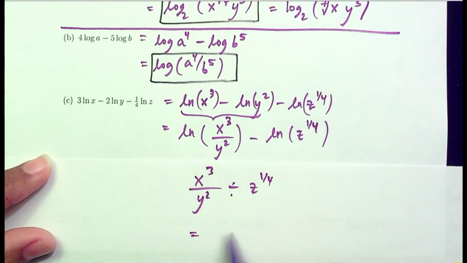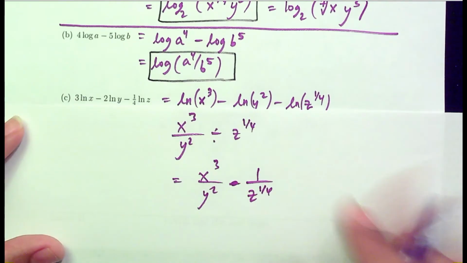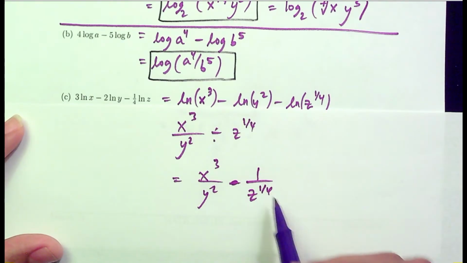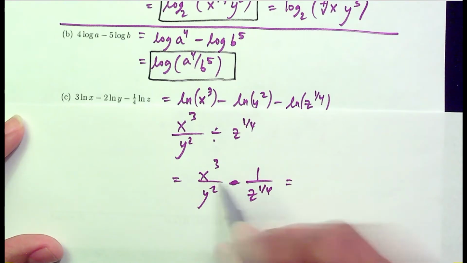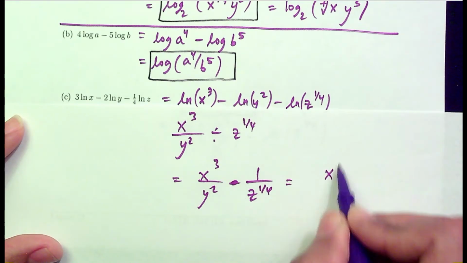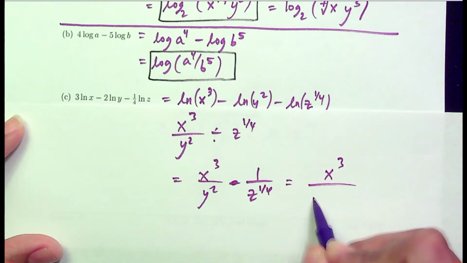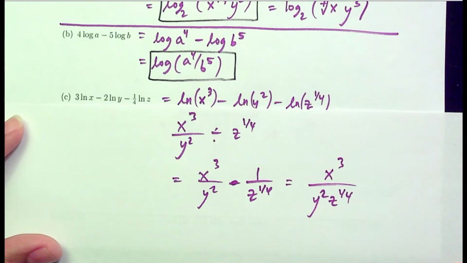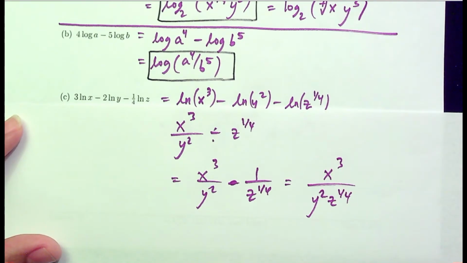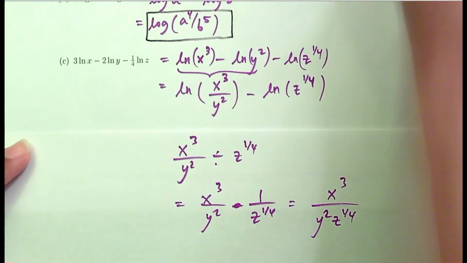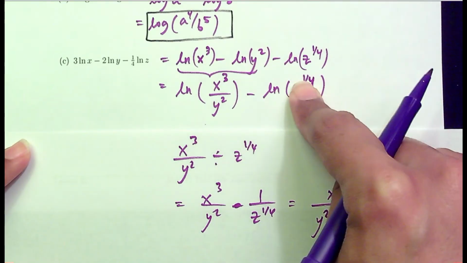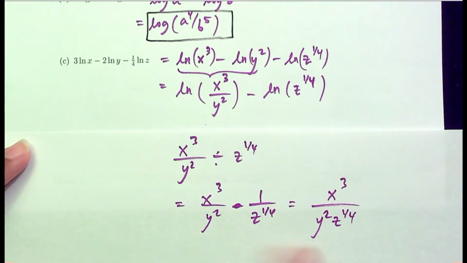Divided means that you multiply by the reciprocal, so times 1 over z to the 1/4, and then you multiply across, so this is going to be x cubed over y squared z to the 1/4. So actually then, when you divide this by that to form the quotient, this is what you get.